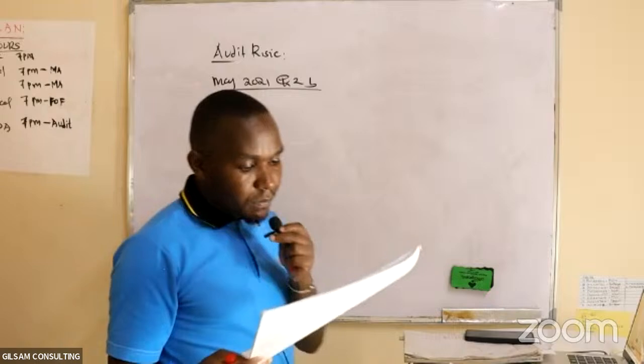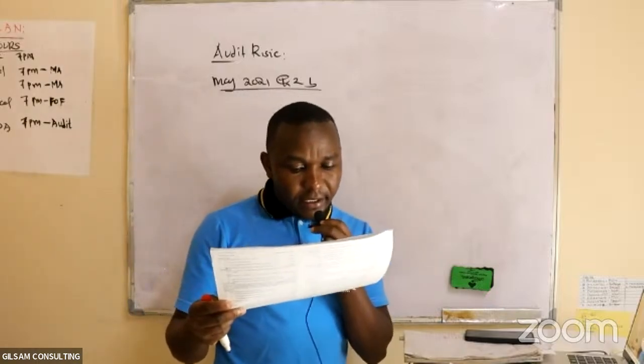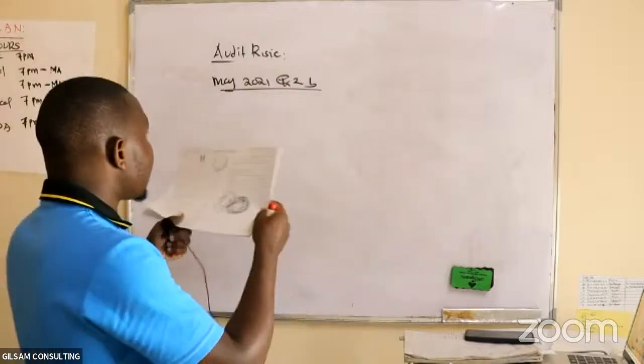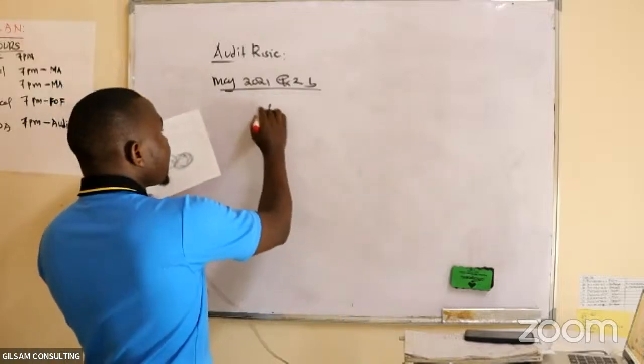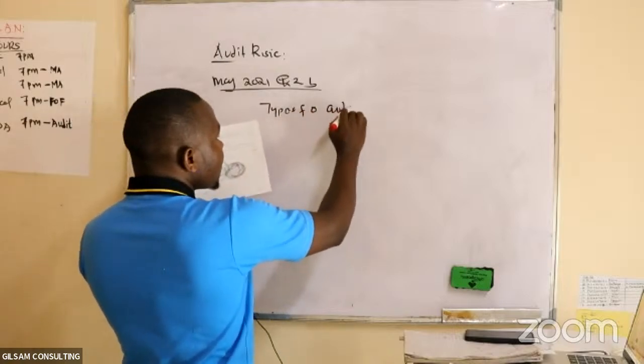Required: summarize 3 types of audit risk. That is 3 marks. Summarize types of what? Of audit risk.